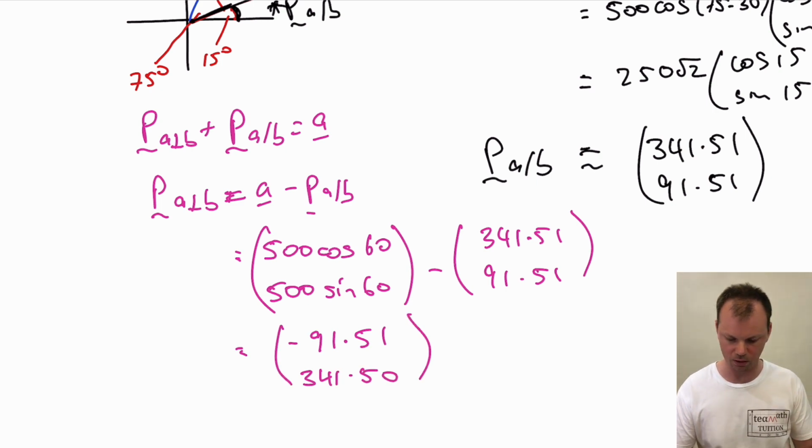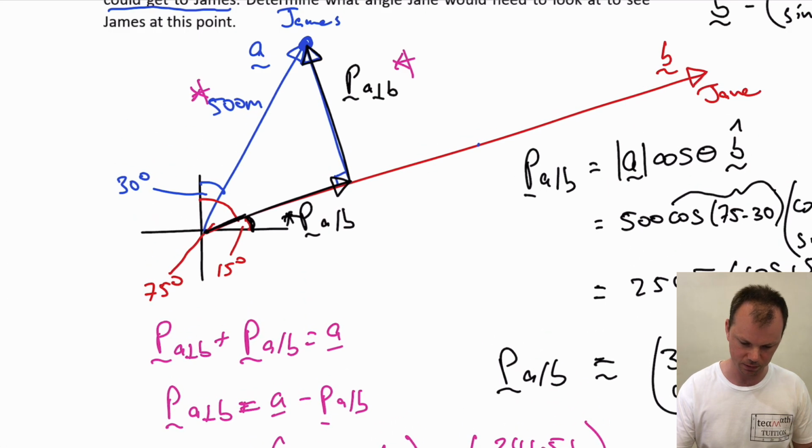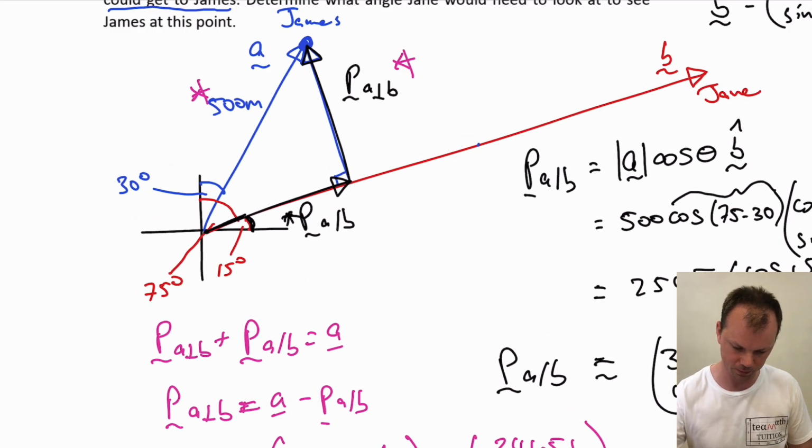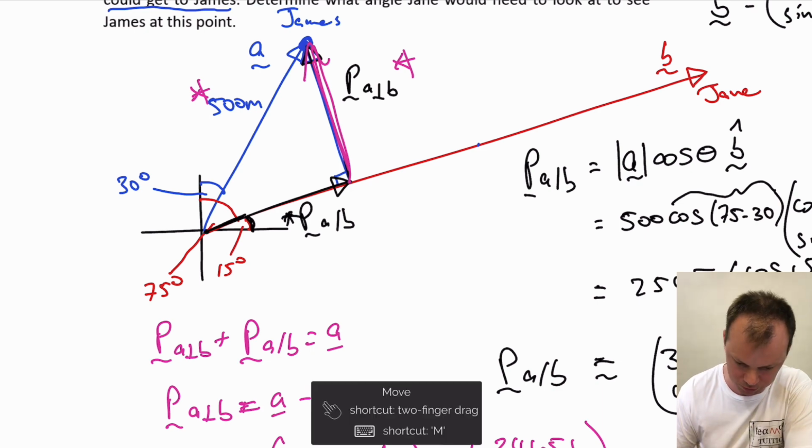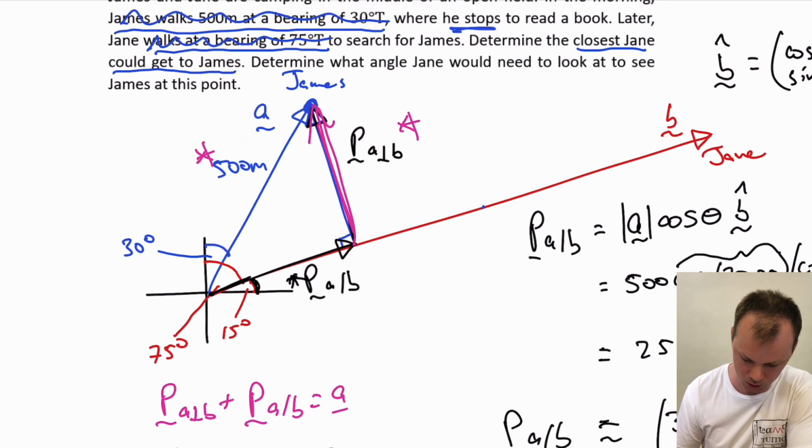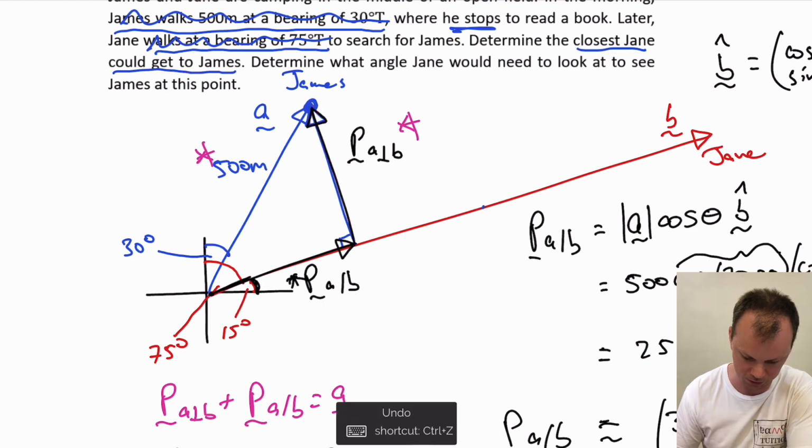Okay, so that's our vector here. That's this vector. Now what we're trying to find is the closest Jane could get to James. So we've got this vector, we need to find the magnitude, and that will give us the distance that we're after.